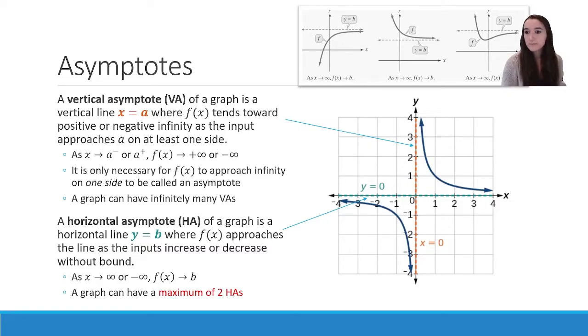A graph can have a maximum of 2 horizontal asymptotes, one for what's happening towards positive infinity, one for what's happening towards negative infinity. Sometimes it'll have only one, sometimes it'll have none, but it'll never have more than 2. With our rational functions, we're most of the time just going to end up with one, but once we get into the next chapter, there will be situations where things are a little bit different than that.